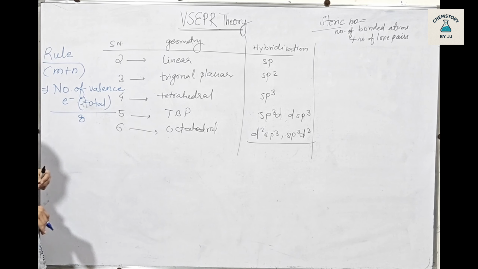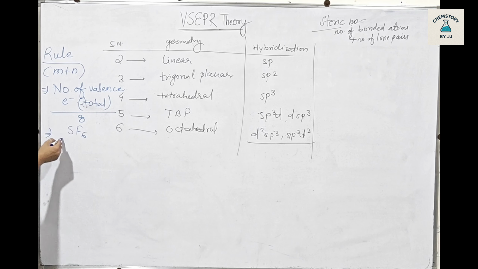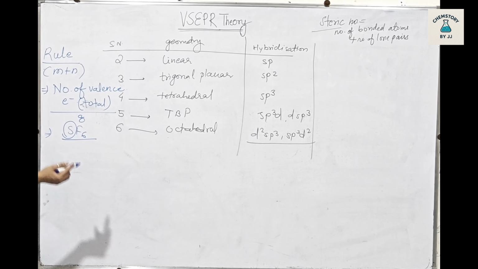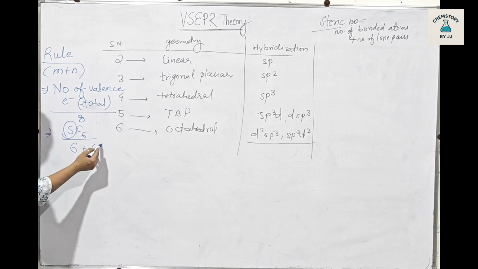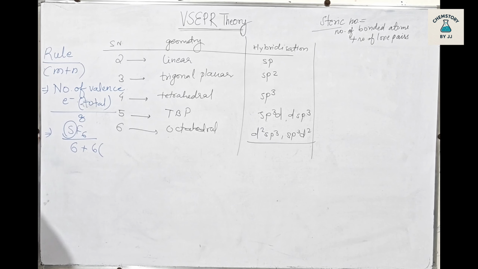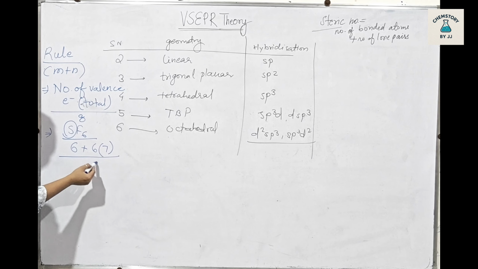Right? Like for example, let's talk about SF6. Right? For the SF6 molecule, what are we going to do? We are going to add the valence electrons for sulfur, that is 6. For 6 fluorine, we know the valence electrons of fluorine are 7. Add, multiply by 6.